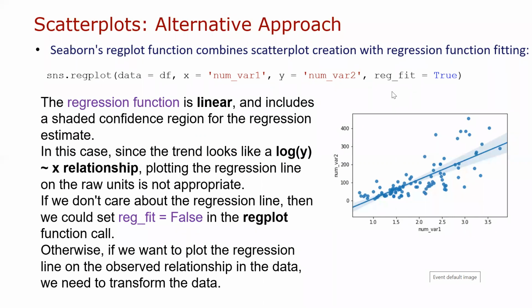A regression fit. Do you remember this, when I said there is this line? In the previous plot, which is matplotlib, we don't have this regression. We have to do other stuff in order to be able to draw this line. While in Seaborn, all you need to do is to say, for example, regression fit equal.